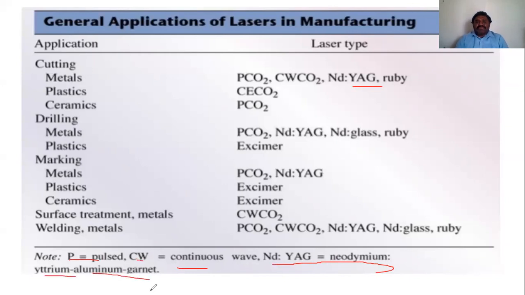These are the laser types we use depending on drilling, cutting, and marking. With this we can go with different types of laser. That is the beauty of this. By using laser beam machining we can remove excess material from the workpiece, which is why it comes under non-traditional machining processes.